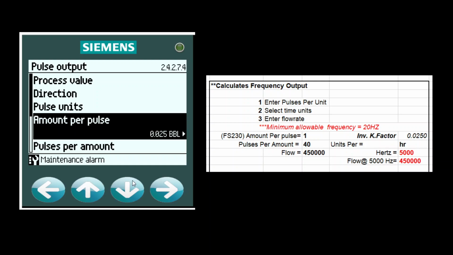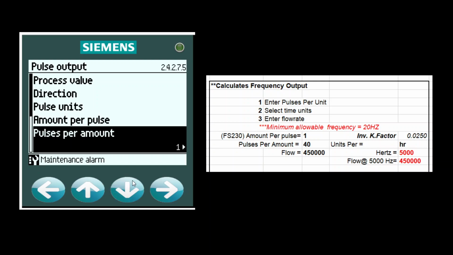So 0.025 for amount per pulse with pulses per amount of 1, it's going to give you 5,000 hertz for the flow rate in the example.